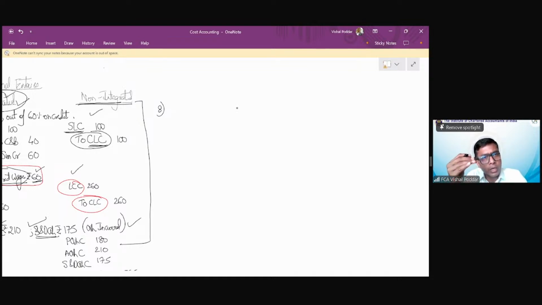Similarly, when these goods are sold, they will be transferred from godown to the customer. So what I'm trying to tell you is, now we will be passing these entries for transferring the product balance from one product account to another. So for this, the transaction given is finished goods produced, or cost of goods produced.